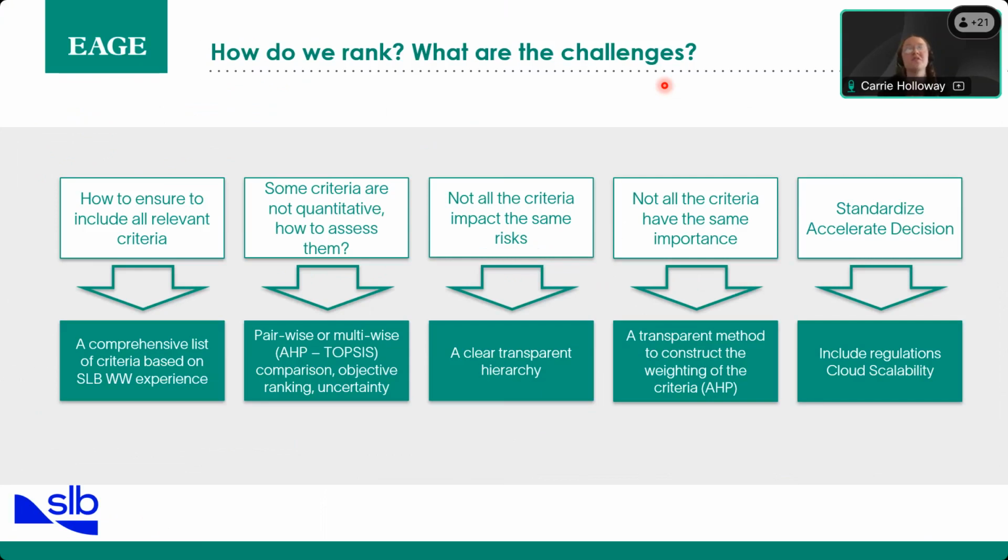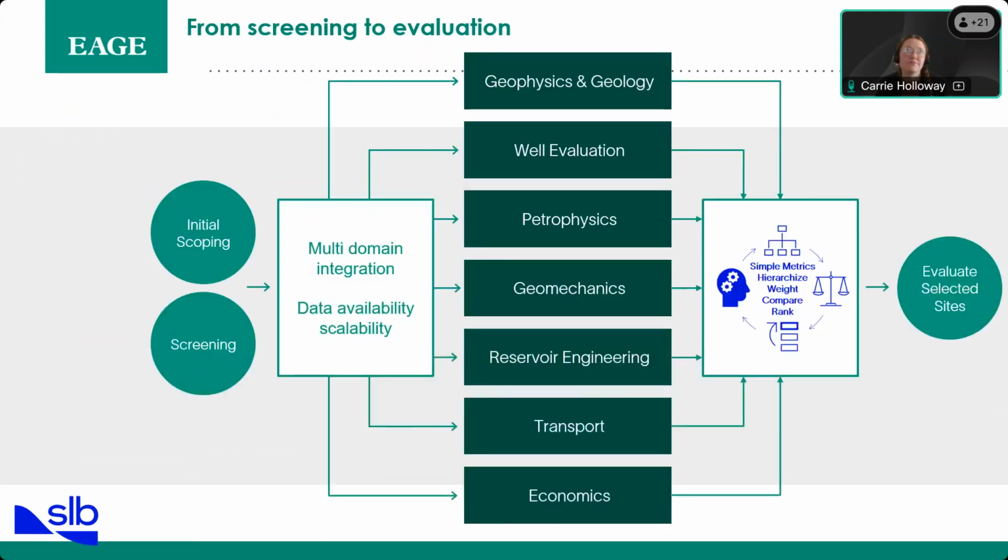All the criteria are arranged in a hierarchy, so we have a category and then subcategories underneath. And we can assign a weighting to every single criteria as well, because some are more important for certain projects than for others. And we also have this process standardized and in the cloud, so it accelerates our decision making.